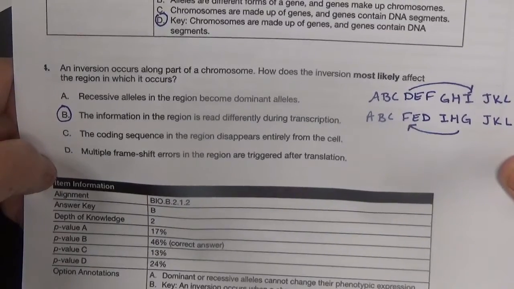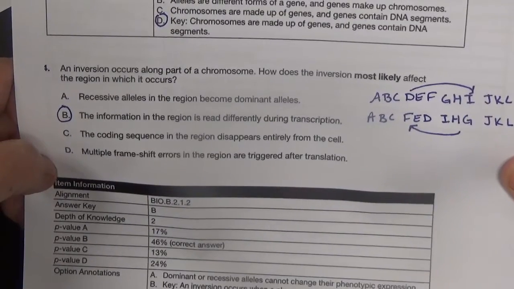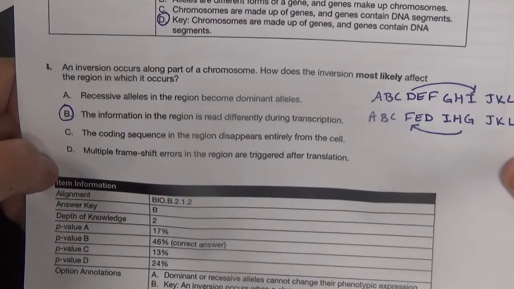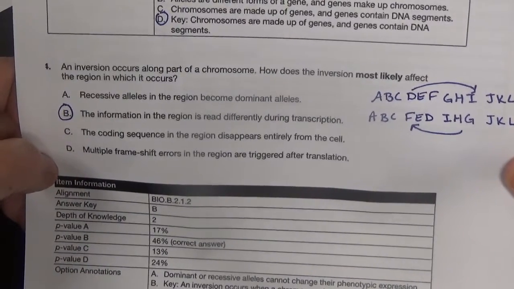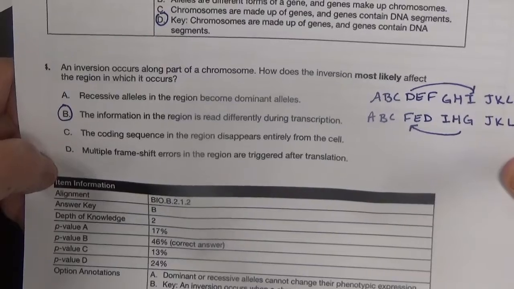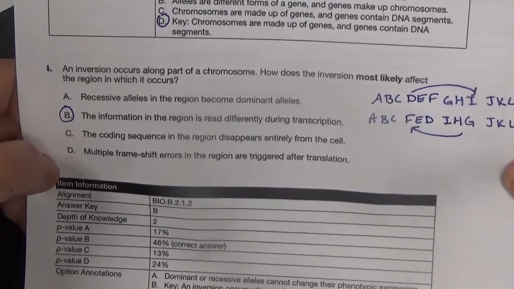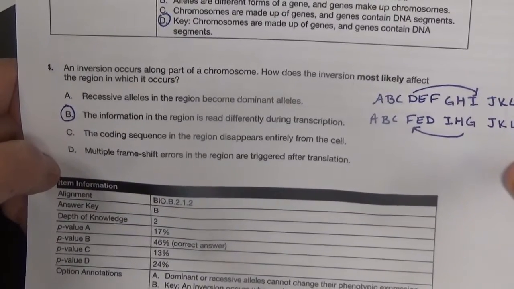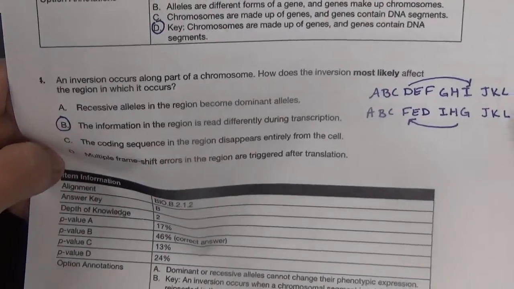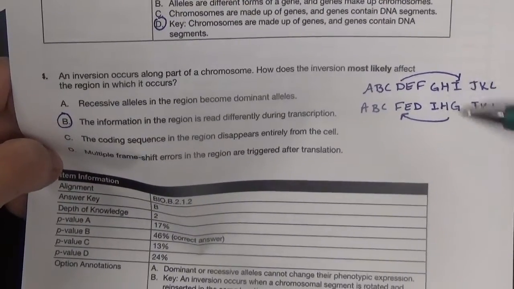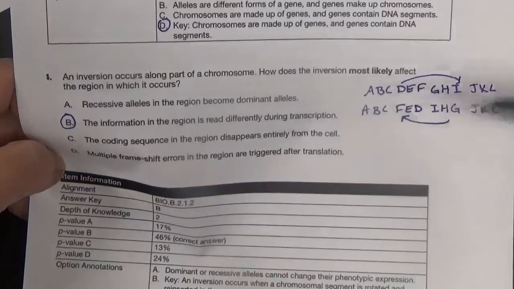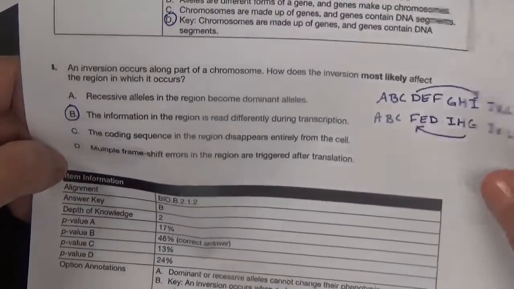That would happen. The coding sequence disappears. That's not what happened. Or frame shift errors are triggered after translation. Still the same amount of nucleotides, so frame shift errors wouldn't make any sense either. So by inverting my little sequence here, all I did was read the information differently. So B would be the most correct answer there.